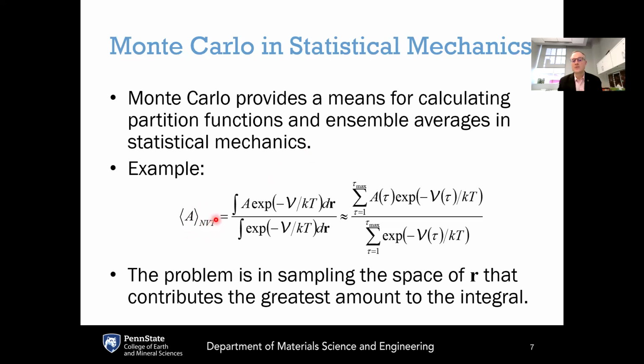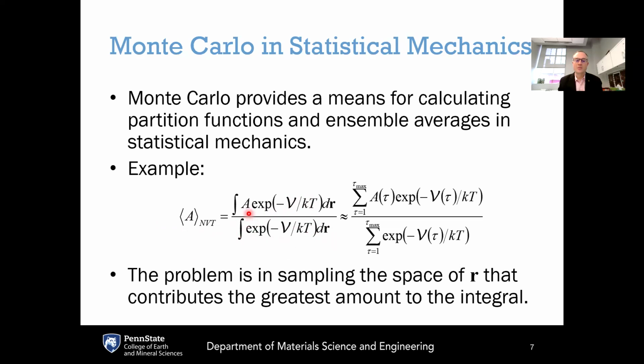The way we would write that from statistical mechanics is that the expectation value of A would be integrating over all of phase space the value of A multiplied by the probability distribution for that particular part of phase space. So it would be A times e to the minus energy of the system over kT, and then that gets divided by the partition function, which is just the integral over all these Boltzmann probabilities. That then ends up giving you the average value of A.